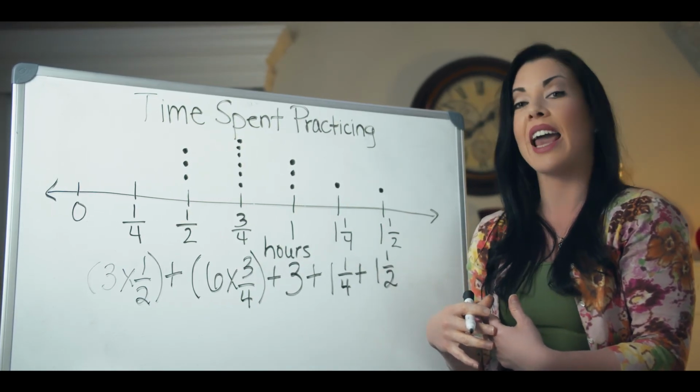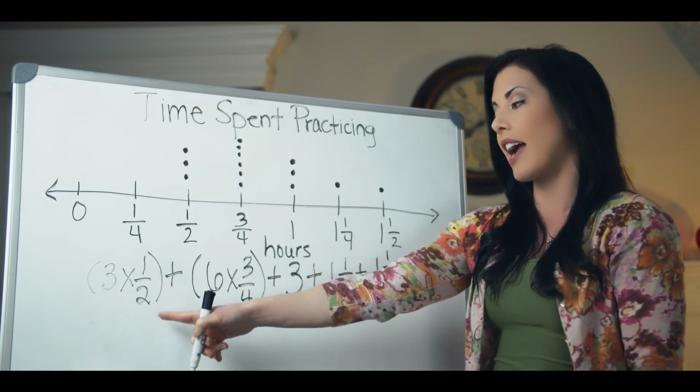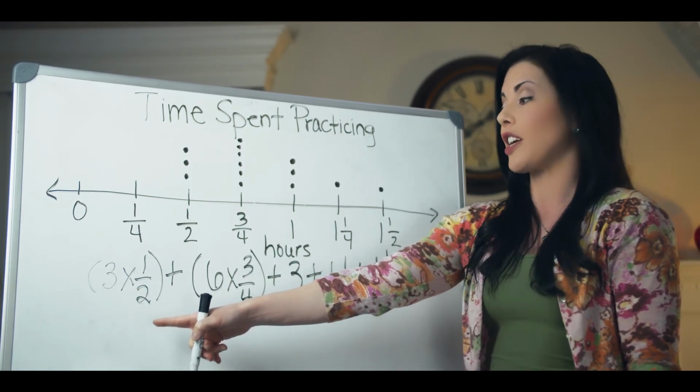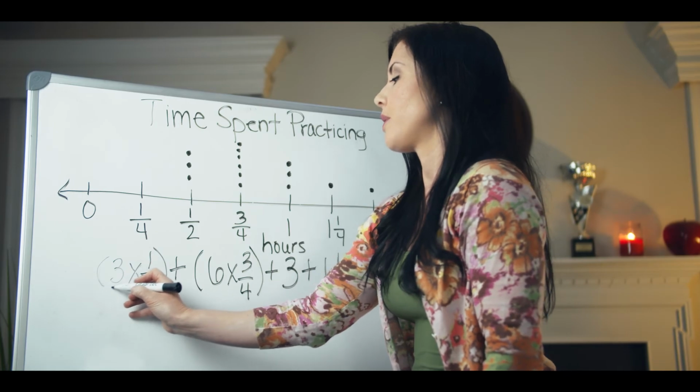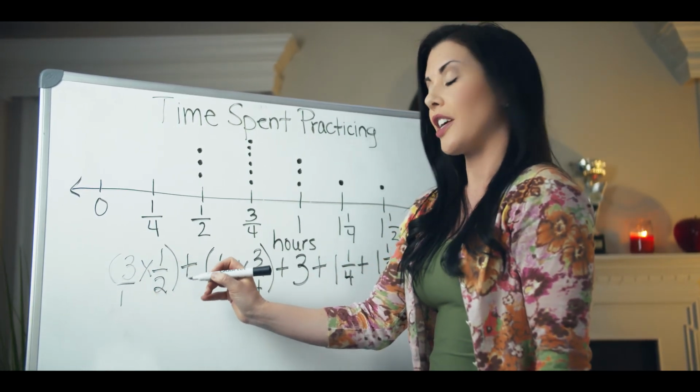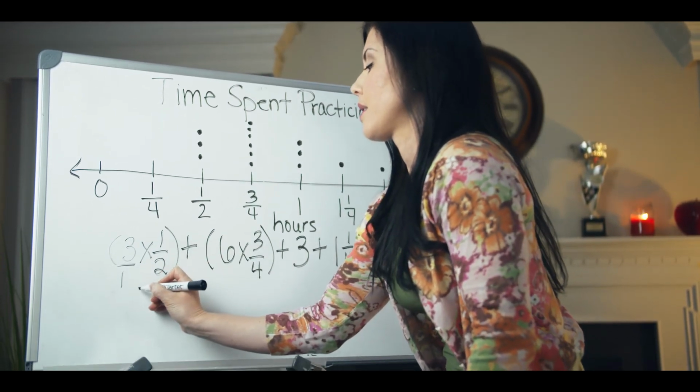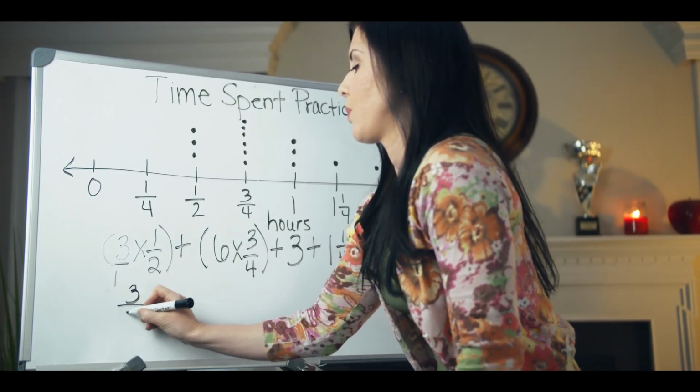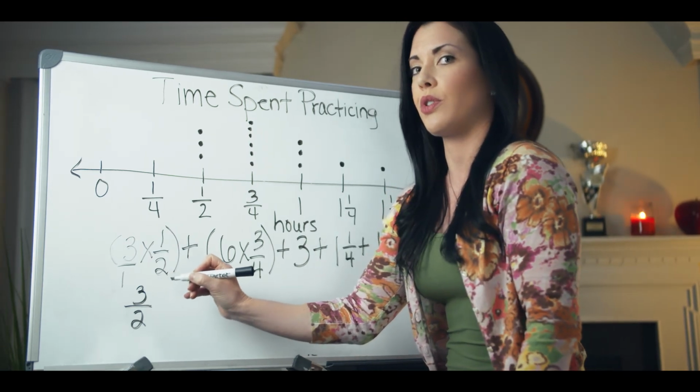Remember to multiply a whole number times a fraction. We multiply straight across, right? Put our whole number over 1. Multiply straight across. 3 times 1 is 3. 1 times 2 is 2.